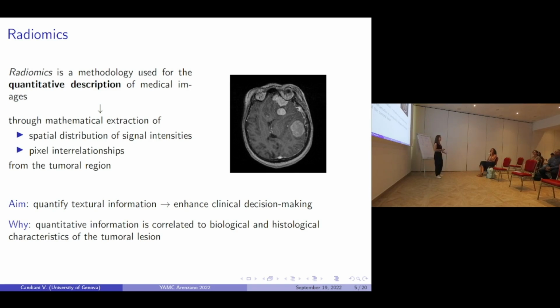But they actually get quantitative information from other examinations, for instance histological exams, blood samples, urine samples, or everything else. Instead, we would like to extract quantitative information directly from the images, and more specifically, we would like to understand some things about the spatial distribution of signal intensities in the image, or pixel interrelationships within the tumor region.